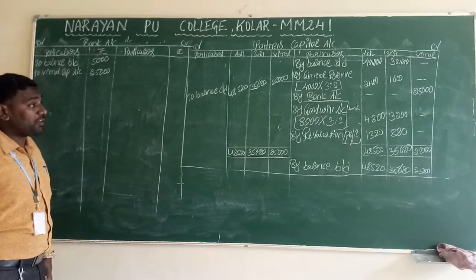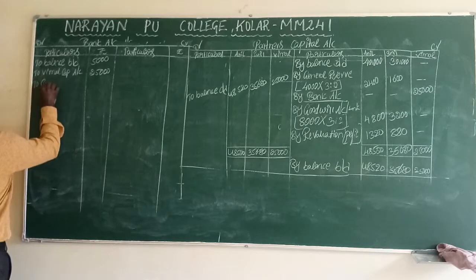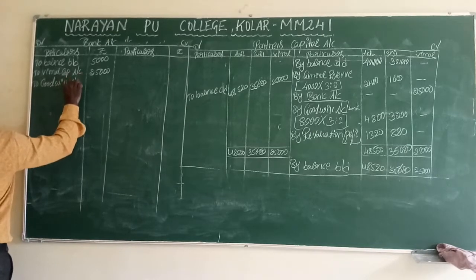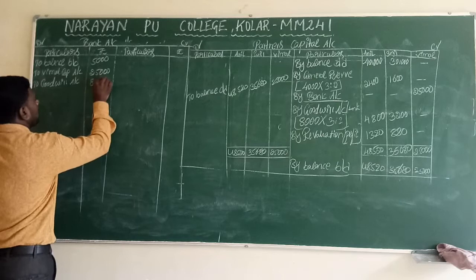We are receiving from Vimal the extra amount in the name of goodwill account. The value is 8,000 rupees.